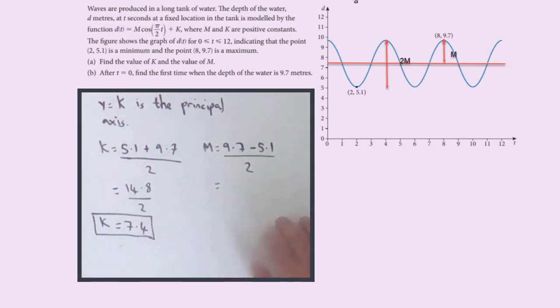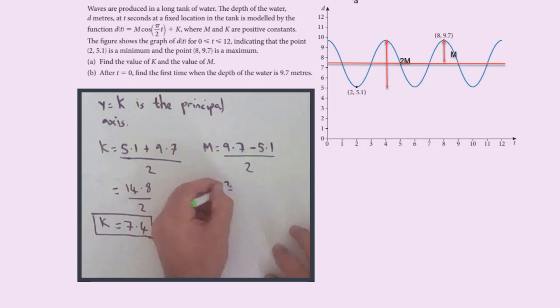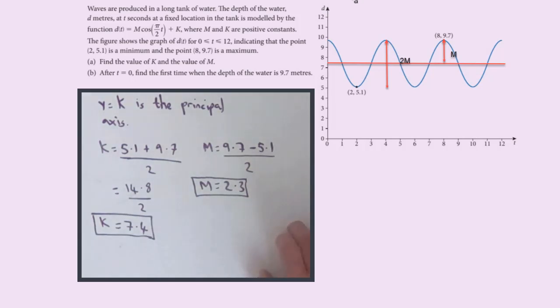That will give me the amplitude. So 9 minus 5 is 4, 0.7 minus 0.1 is 0.6, that's 4.6 over 2, which must be 2.3. So m equals 2.3, and that is part A done, and then it's just asking me for B.